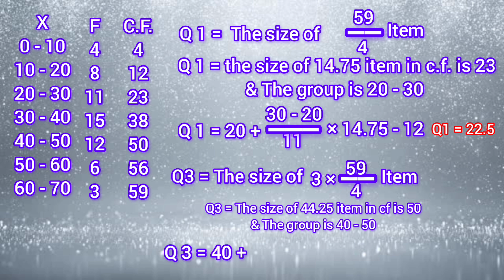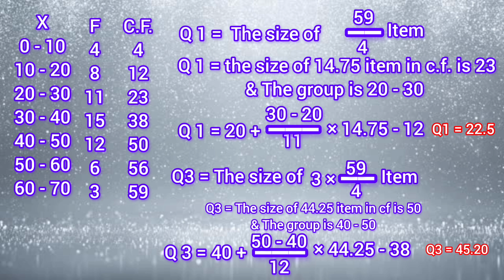Therefore Q3 is equal to L1 40 plus (L2 50 minus L1 40) divided by same class frequency 12 into (quartile item 44.25 minus previous class CF 38). After solving this we get Q3 is equal to 45.20.